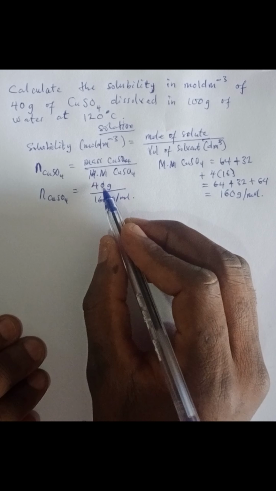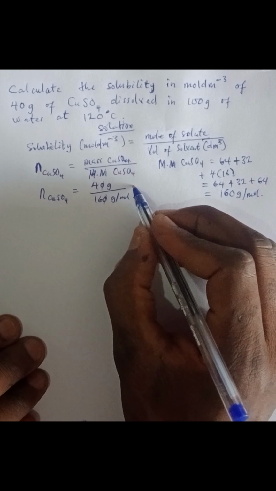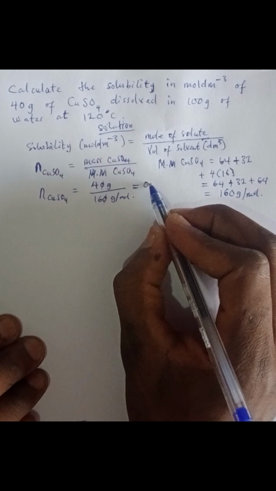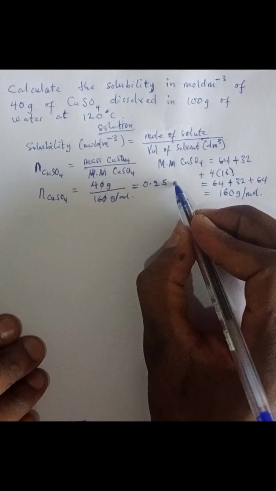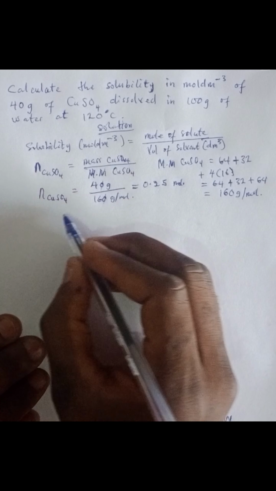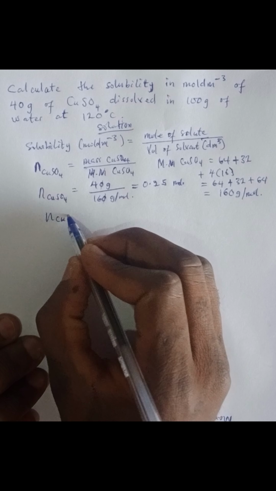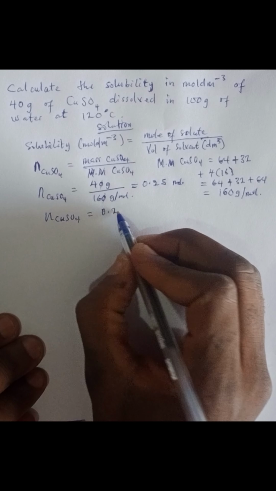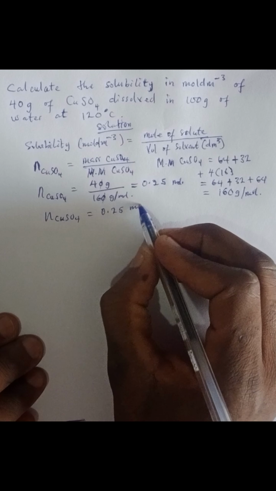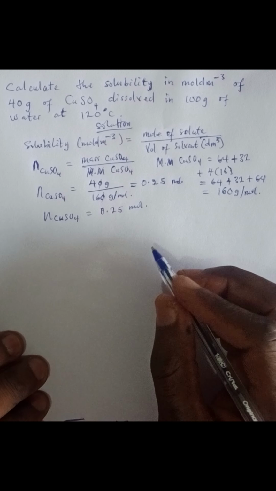So 4 divided by 16 will be 1 over 4, which is 0.25 mole. That is the number of mole of copper sulfate, 0.25 mole.